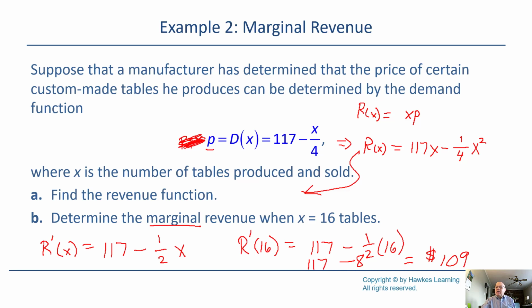That means if you're producing 16 tables, you've got a certain amount of money coming in. If you sell 17 tables, how much extra money are you bringing in? $109. It's the marginal revenue. That's how much the revenue is changing at this level of selling. You got that?